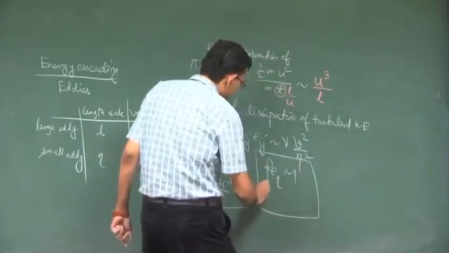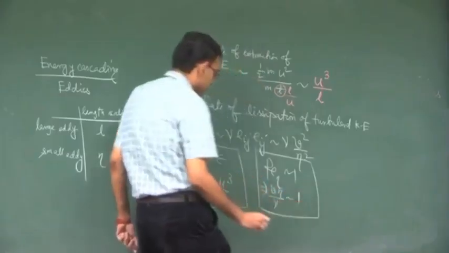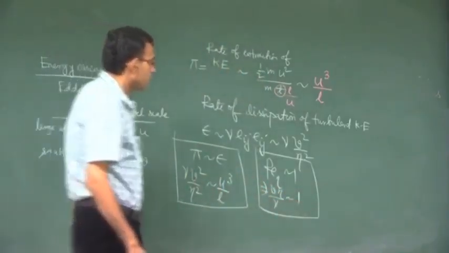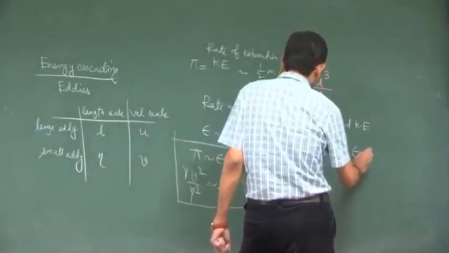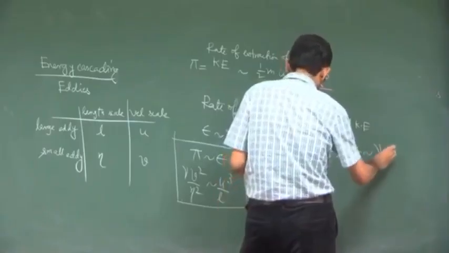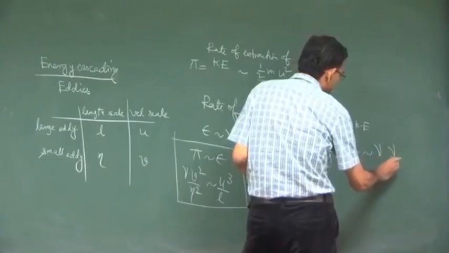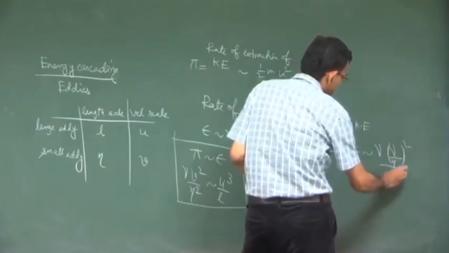This means that, so then this epsilon you can write of the order of nu in place of v, nu by eta. So, nu by eta square by eta square.